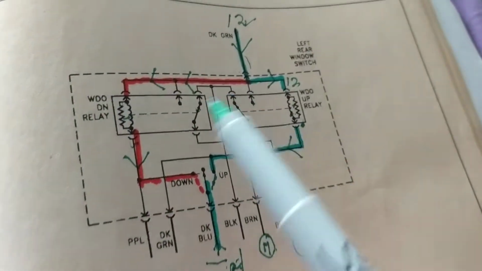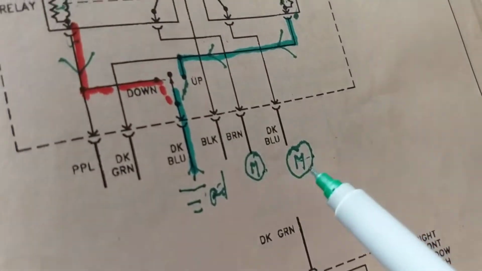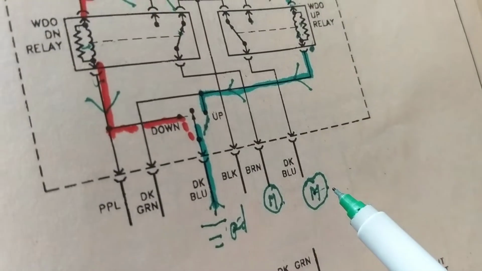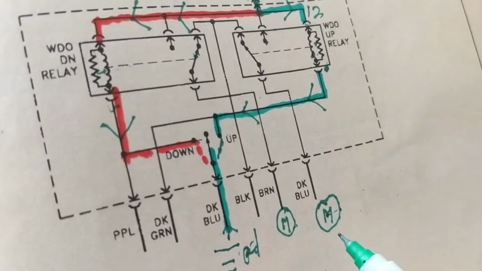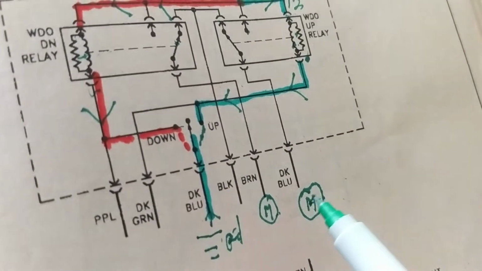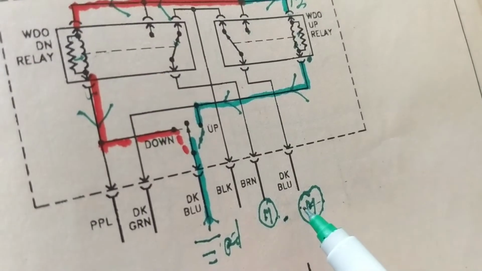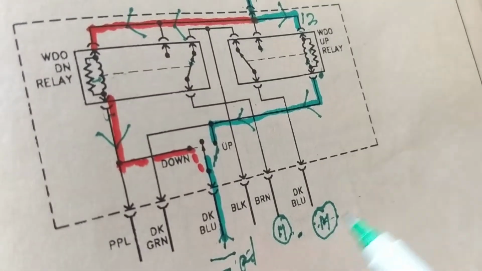What are the main functions of this? And this is the foundation for any relay. It doesn't matter if there's a fuel pump here. It does not matter if there's a starter motor here. It does not matter if there are reverse lights here. It does not matter if there are brake lights here. A motor, a solenoid, a valve.